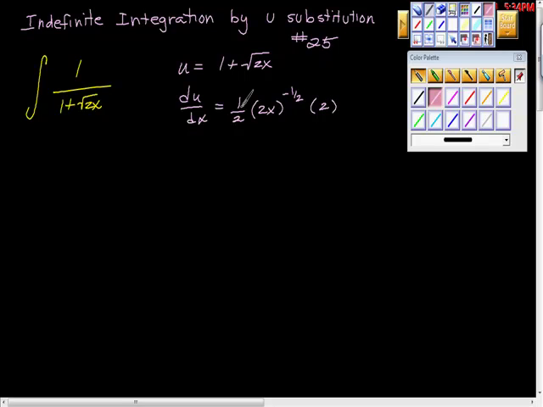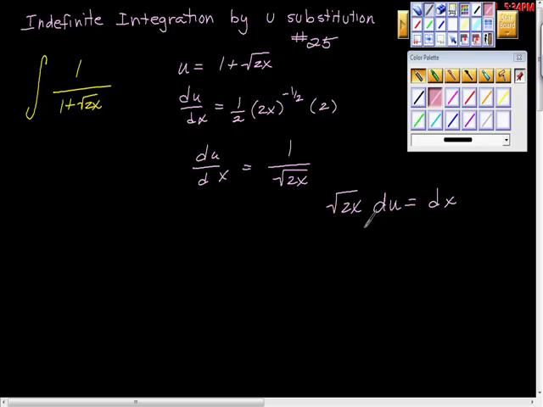And then 2 times 1/2 is just 1, so du dx is equal to 1 over square root of 2x. I think that's good math, isn't it? I'm going to cross multiply here, and I'm going to get this strange thing. It's going to be that square root of 2x du is equal to dx.